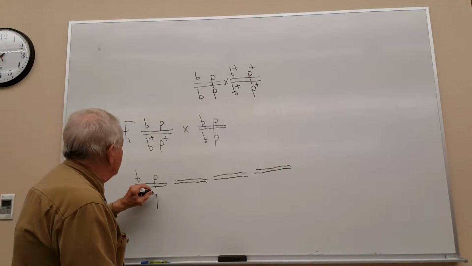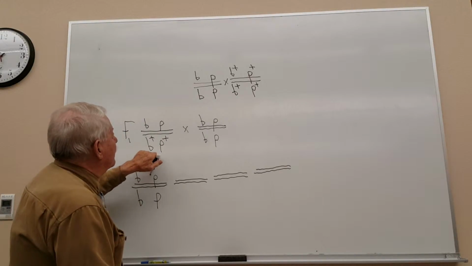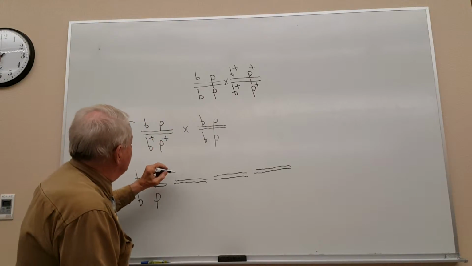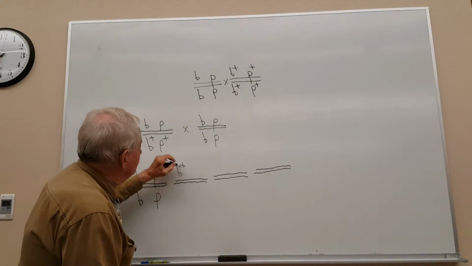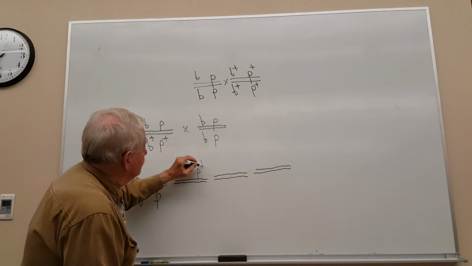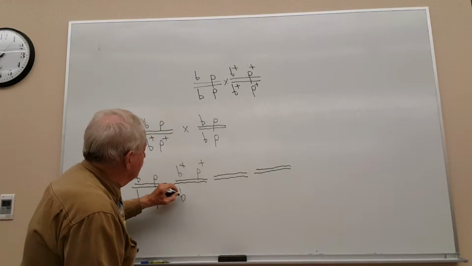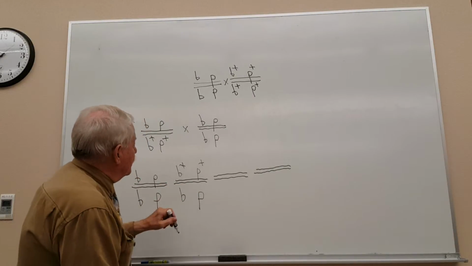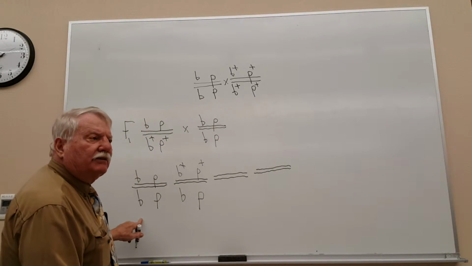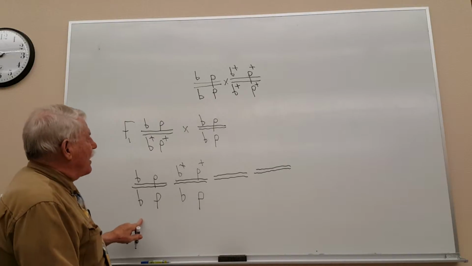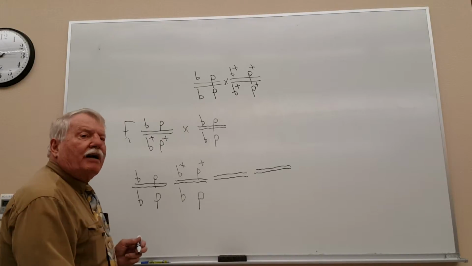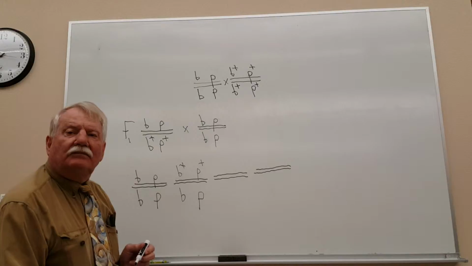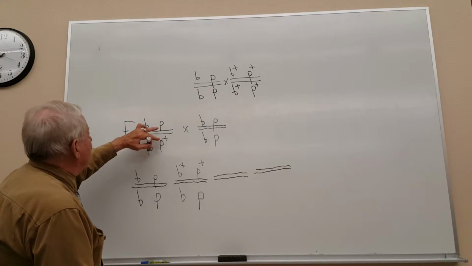Yeah, bottom of the left, top of the right. These are the two parental combinations. How do I do the recombinant combinations? Flip the right hand side. Take this and flip it.